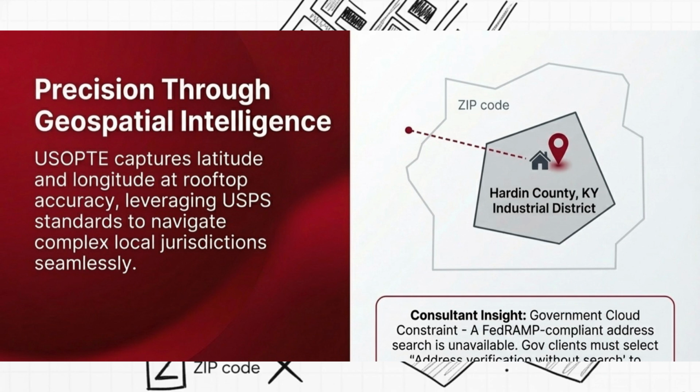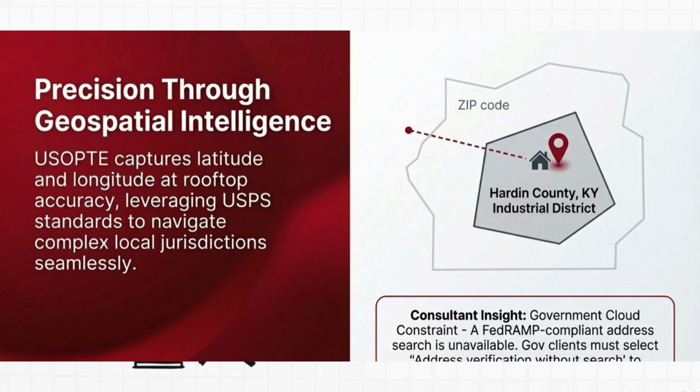This forced us to create manual overrides. USOPTE is far more intelligent. It takes a validated address and maps it to its exact latitude and longitude, its precise pinpoint on the globe. It then compares those coordinates against digital maps of tax boundaries, or shapefiles, to assign tax jurisdictions with incredible accuracy.